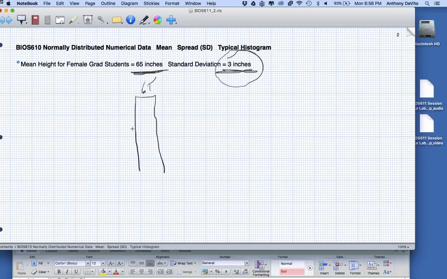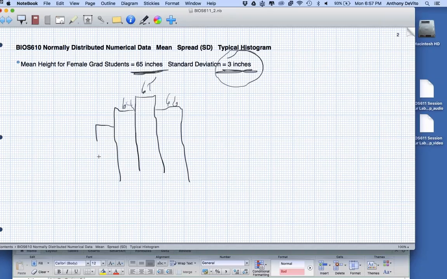What about 64 inches? Well, if it's really a normal distribution, it's just as likely that people will be shorter than the mean as they are taller than the mean. It'll be symmetrical, right? So my next most likely outcome would be 64 or 66.